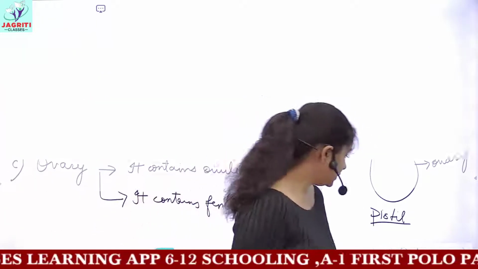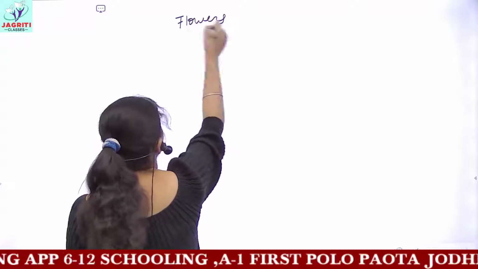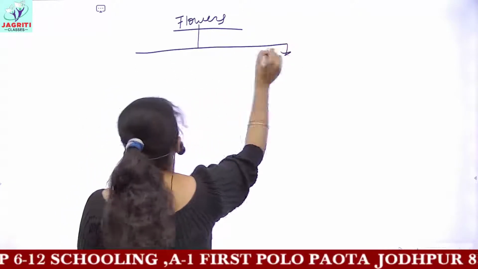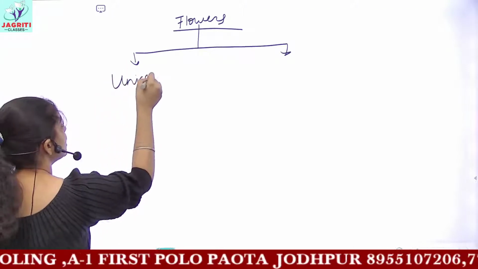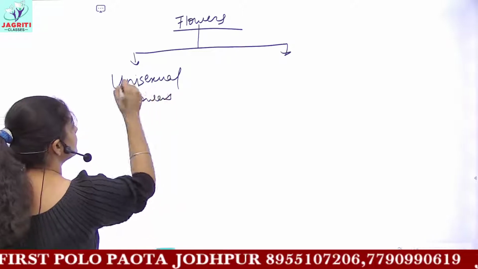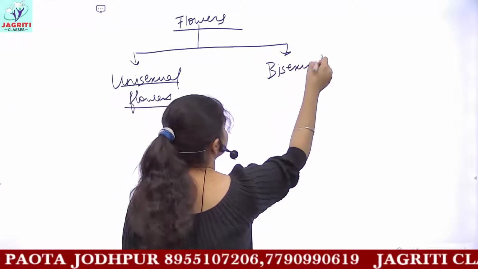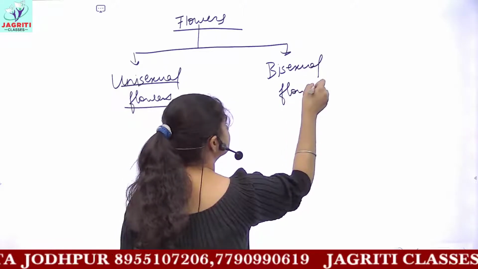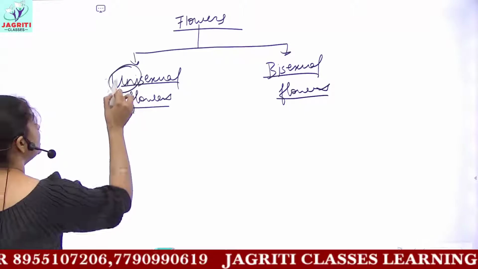Now we'll be doing the types of flowers, and then we'll do pollination. Okay? So you can categorize flowers into two kinds. One would be unisexual flowers, and the next one would be bisexual flowers. So unisexual means, uni means one.